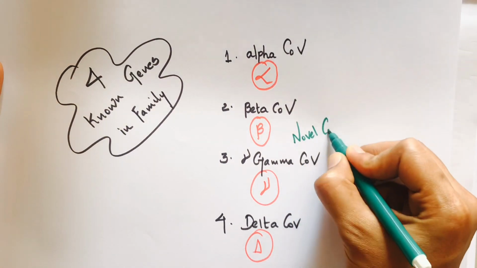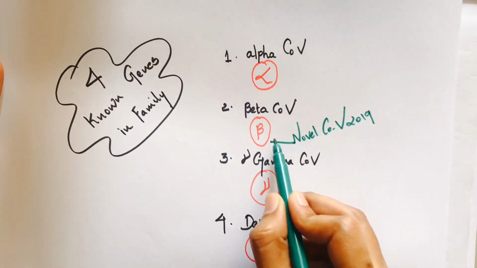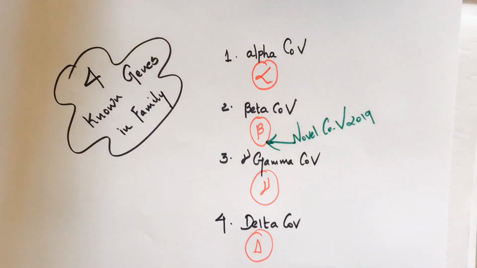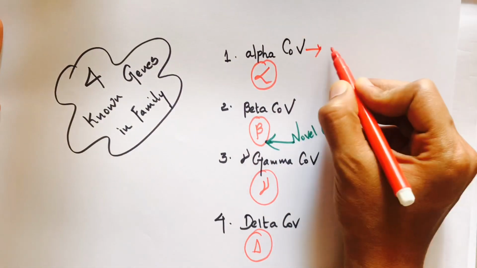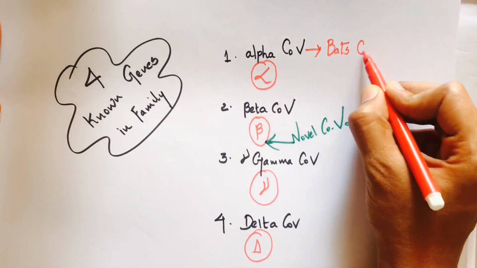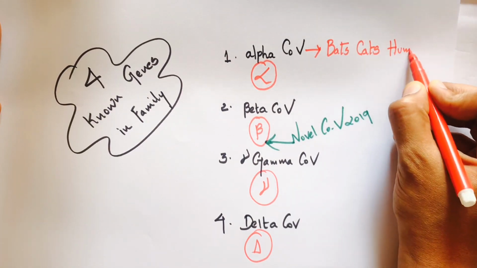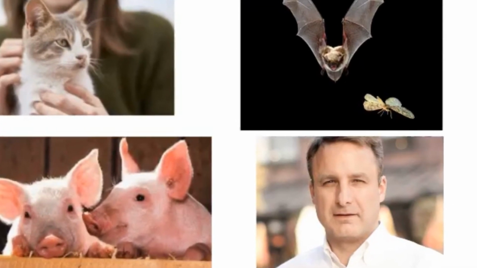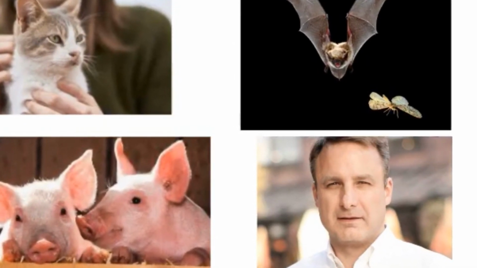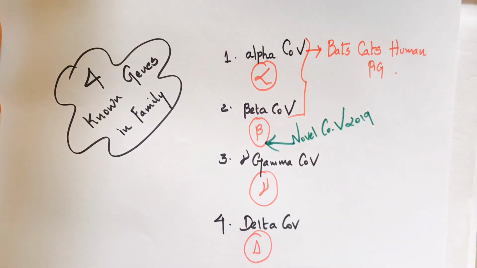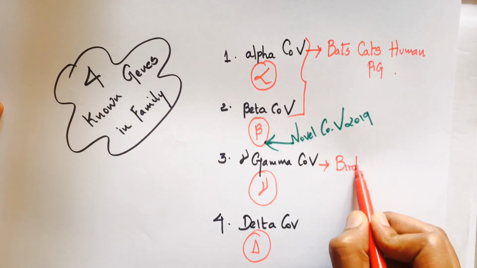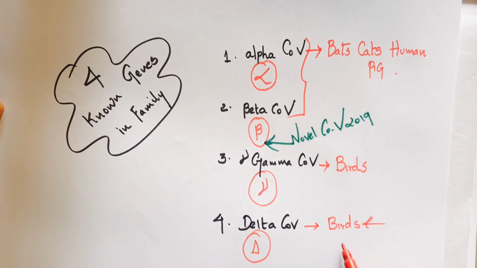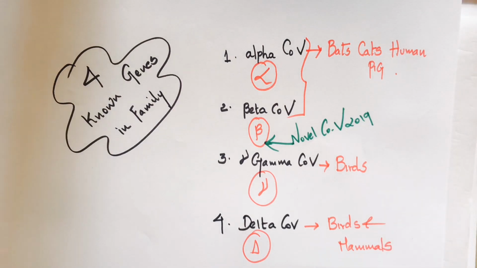This novel coronavirus 2019 belongs to the beta coronavirus genus. Alpha and beta coronaviruses can be transmitted to bats, cats, pigs, and humans. Gamma virus affects birds, and delta virus affects birds and mammals.